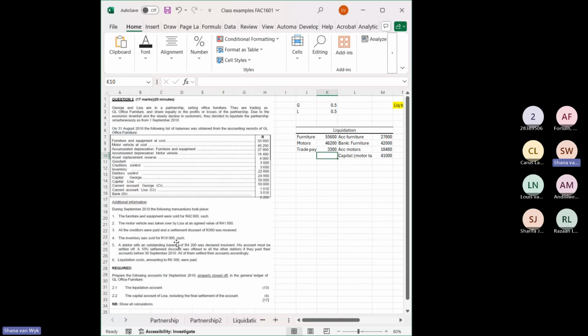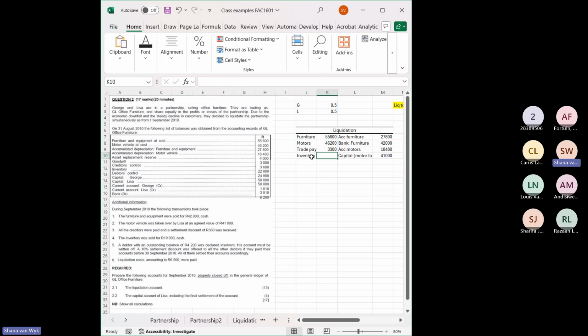The next one, the inventory was sold for 19,000 cash. Inventory looks like 22,000. Inventory is an asset, it's debit. So we're gonna credit that account and we're gonna debit liquidation. You guys agree?